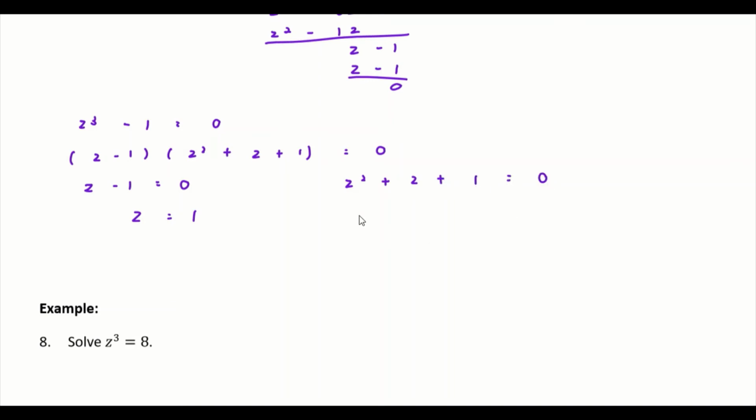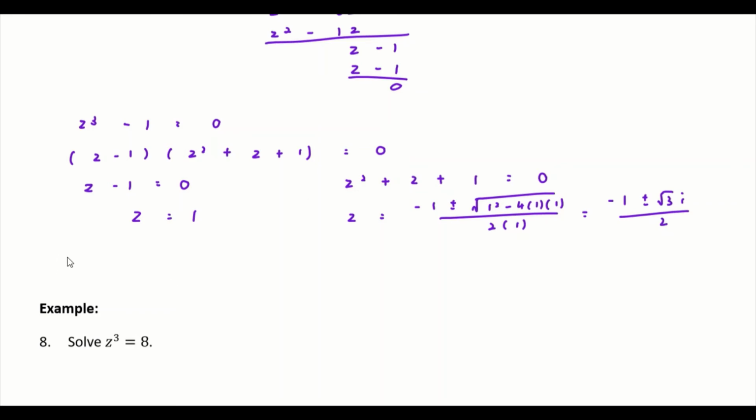Same thing by using the quadratic formula. So negative b, our b is 1, right? Then b squared minus 4ac, you see 1 squared minus 4 times 1 times 1, divided by 2a, which is 2. From here, I'll be able to get negative 1 plus minus the square root of negative 3, and the square root of negative 3 will give me square root 3i, then divide by 2.